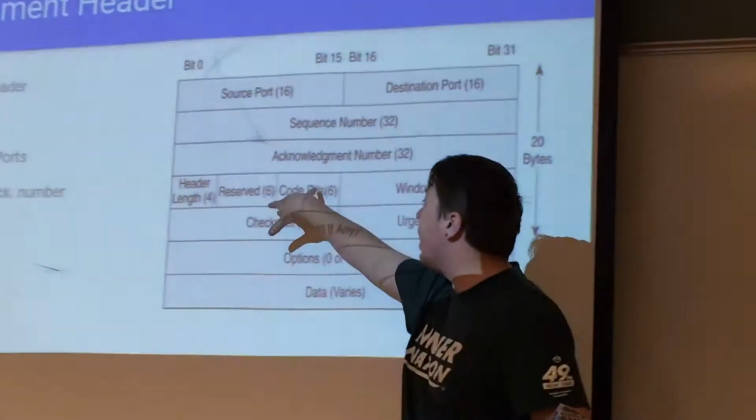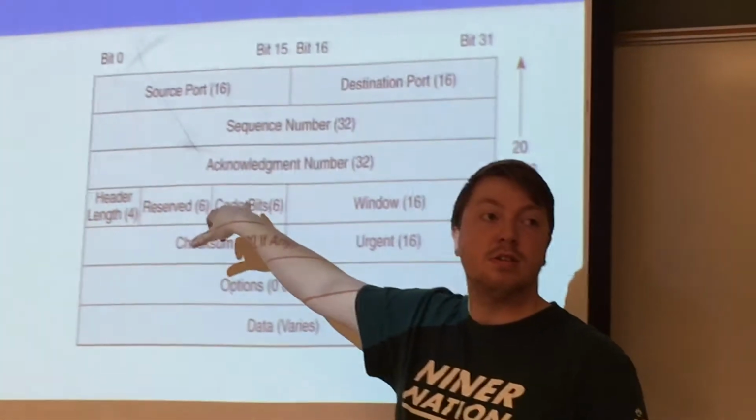It's kind of a diagram, and it says header length right there, and it relates to the problem you have in the exercise. But with the reserved and code bits, what exactly is the difference between the two? This is a bit out of date. This is actually 4 and 8 now. They added a couple of code bits.